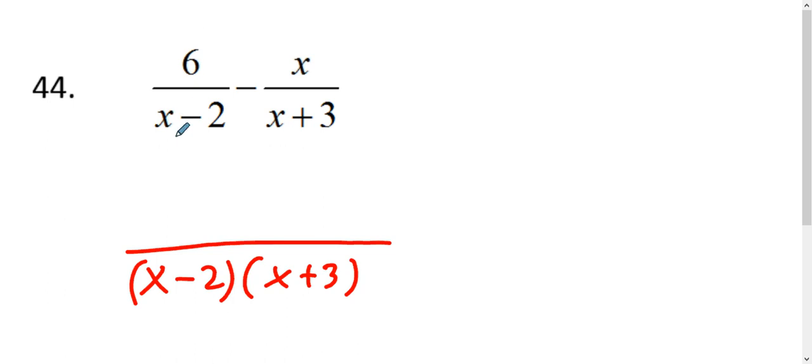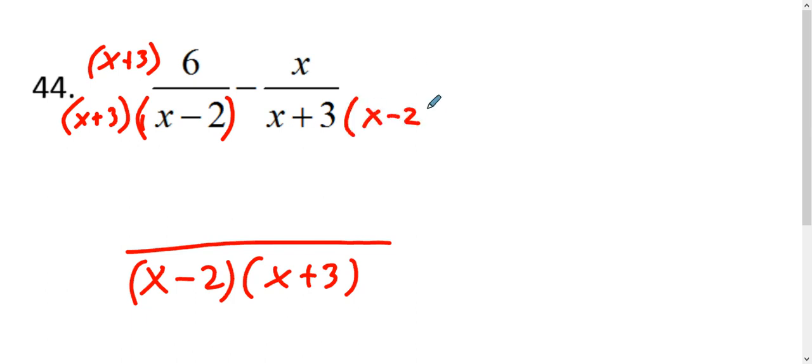So for the first fraction, the part that's missing is the x plus 3. Multiply it to numerator and denominator. And on our second fraction, the part that's missing is the x minus 2. Multiply it to both numerator and denominator to get our common denominator.